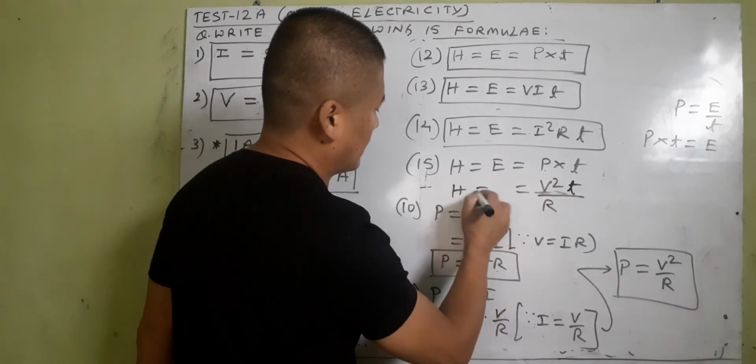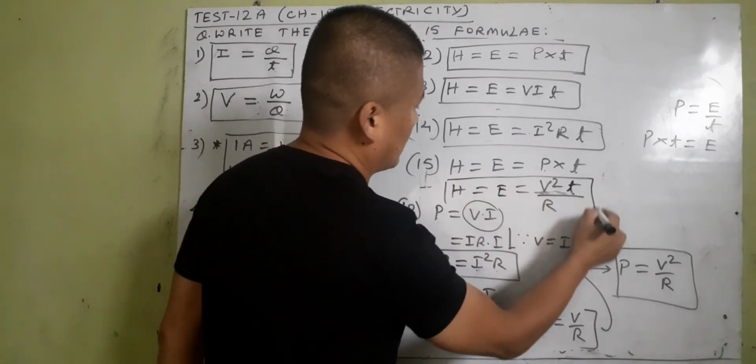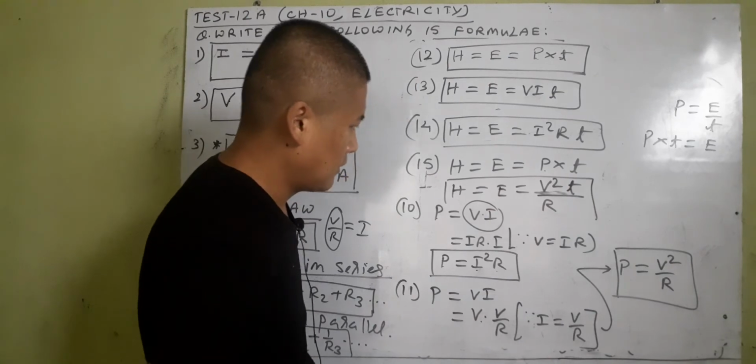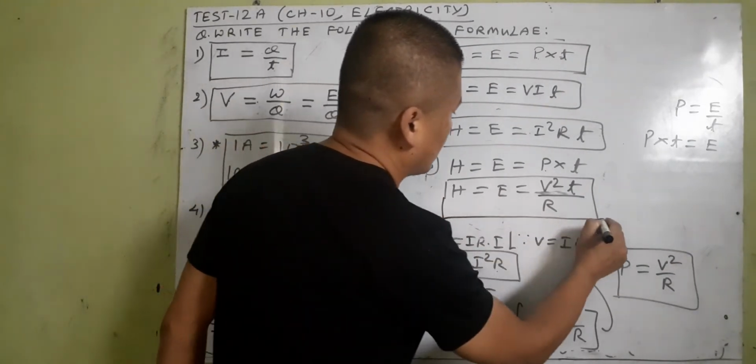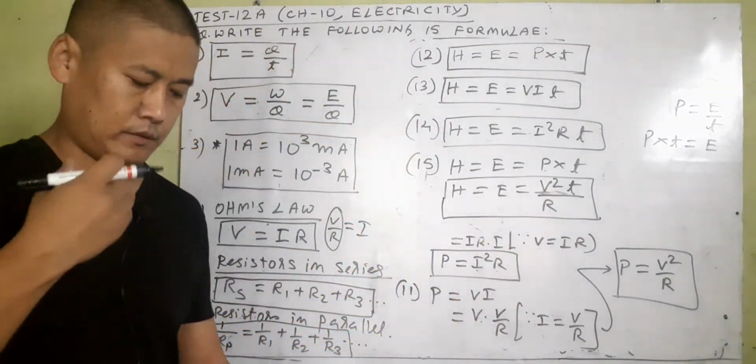So H = E = V²T/R is another equation. So these 15 boxes you memorize and write from memory and submit it.